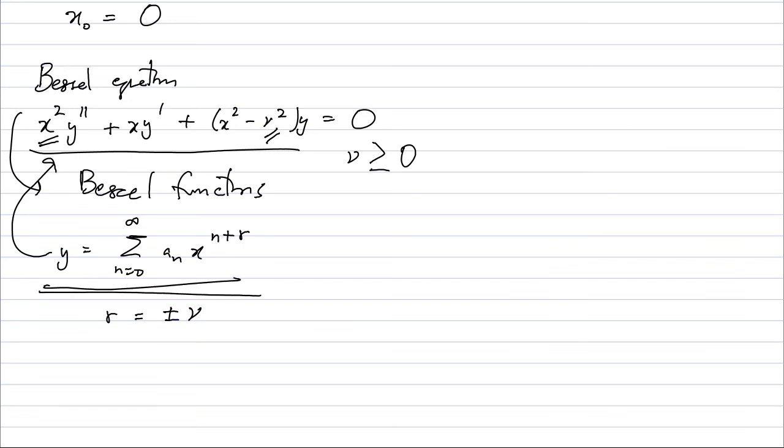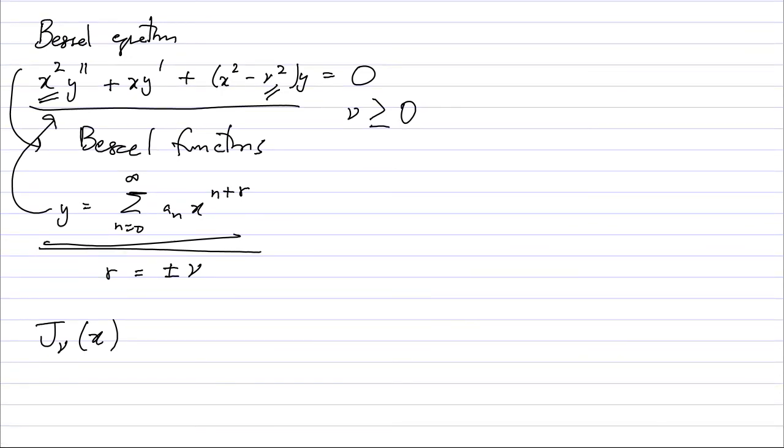You will have one power series, which we denote as J nu of x. This is a solution of this Bessel equation. You can write down the infinite power series for that. I'll actually make you do that as your homework. The other solution corresponds to J minus nu of x. In this case, these two are linearly independent, and any superposition of these is also a solution.